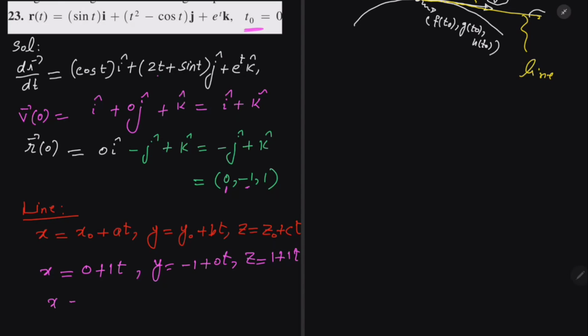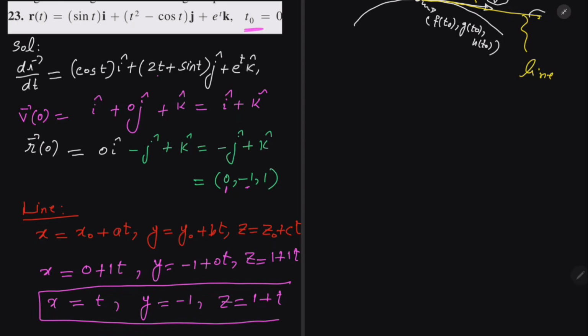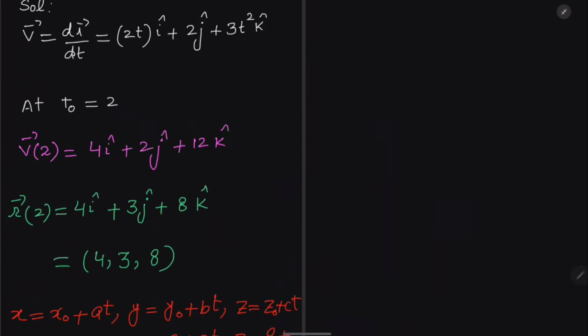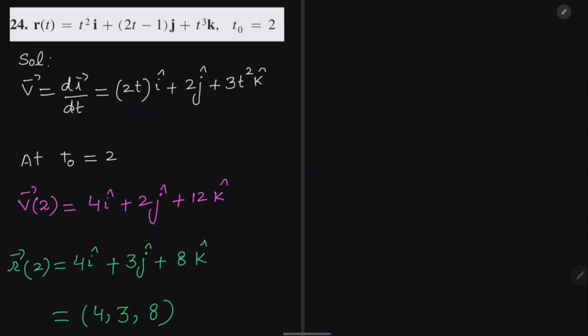So the answer is x equals t, y equals minus 1, and z equals 1 plus t. This is the parametric equation of the line. We go to the next question now, 24.